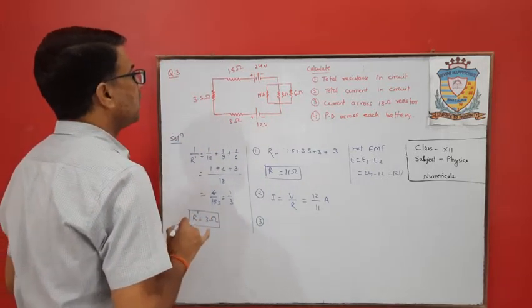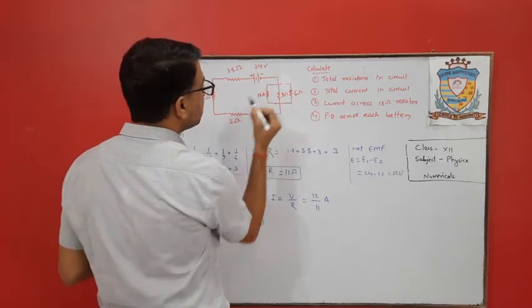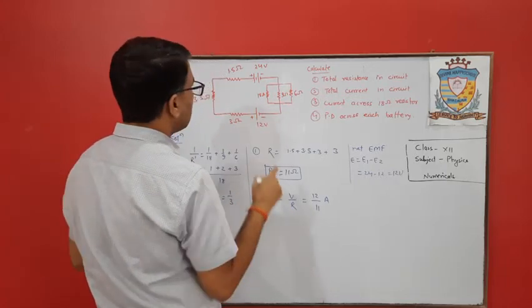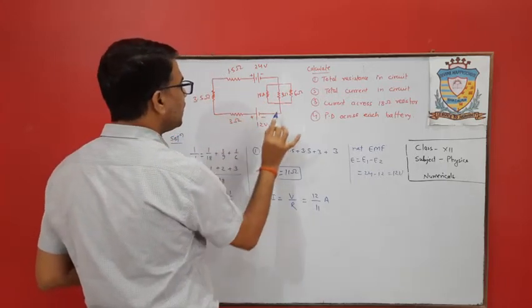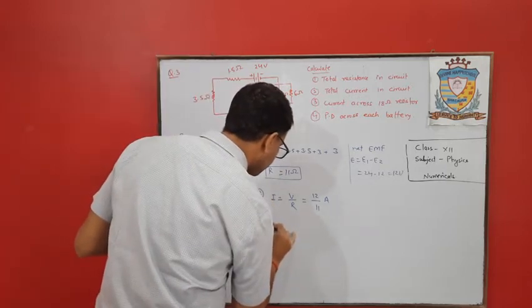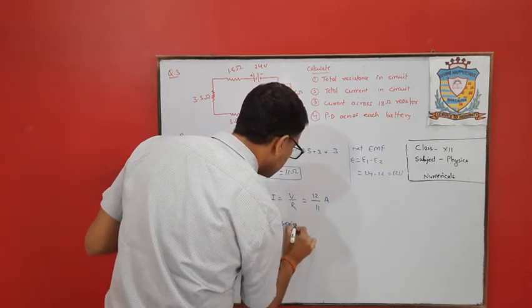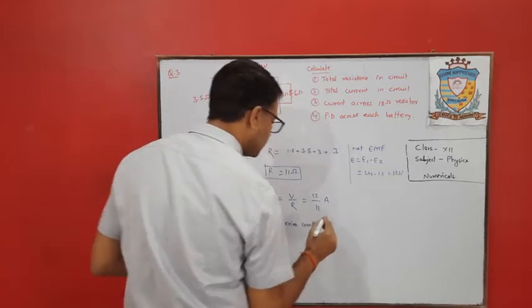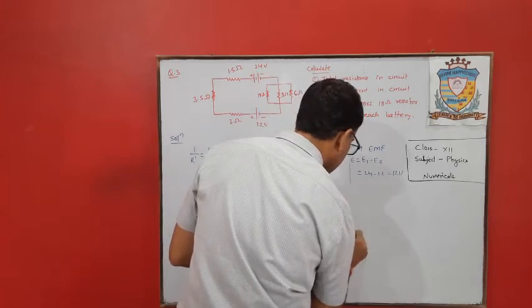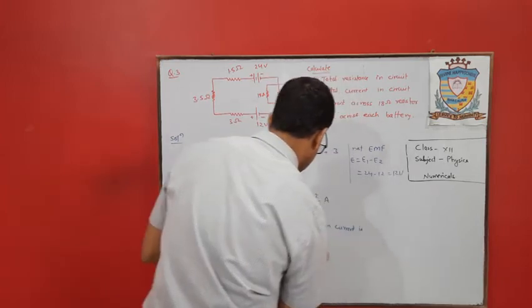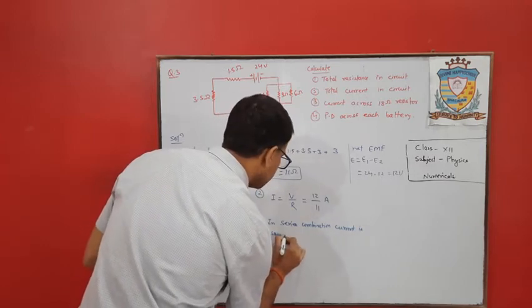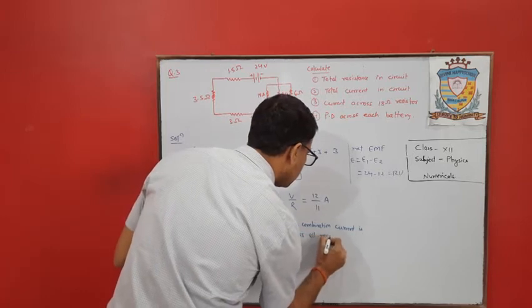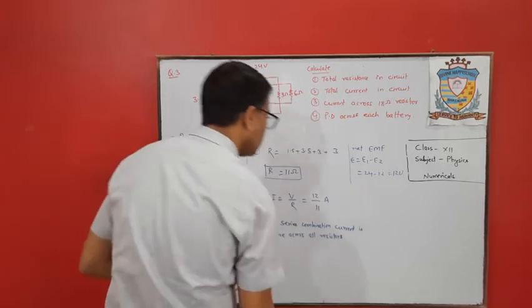Third, here we have the 18 ohm resistor. So okay, in series combination current is the same across all resistors.